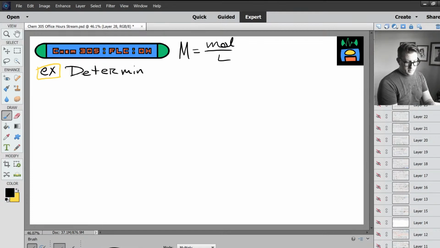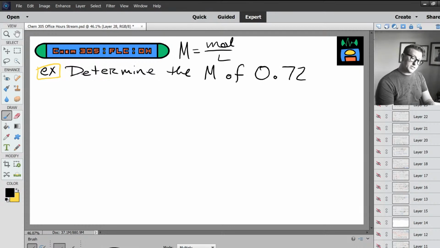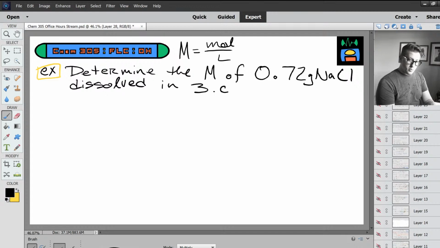Determine the molarity of 0.72 grams of sodium chloride dissolved in 3.00 milliliters of water.